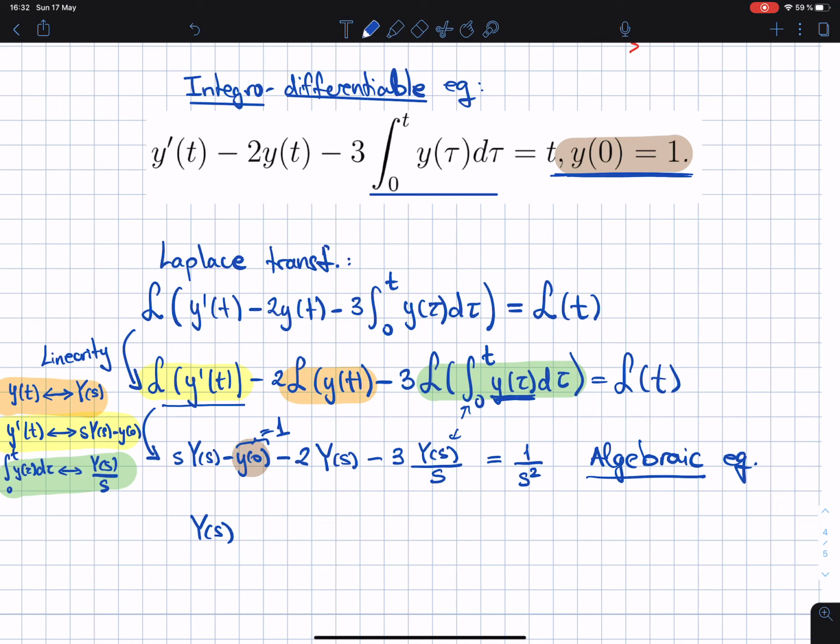So now let's take common factor Y of s. It appears here with an s multiplying, also here minus 2 times Y of s, and again here with minus 3 divided by s. And then in the right hand side, I will have 1 over s squared. And also this minus 1 will go to the right hand side, so it will go with a plus, that's plus 1.